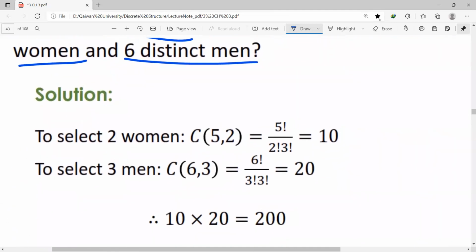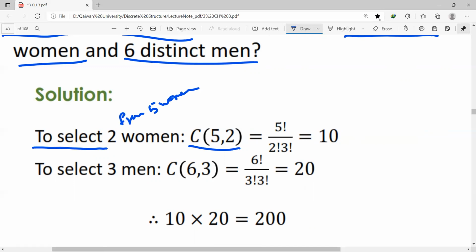That means to select 2 women from 5 women, it equals C 5 and 2, which is 5 factorial dividing by 2 factorial, 3 factorial. Okay, how to get this?